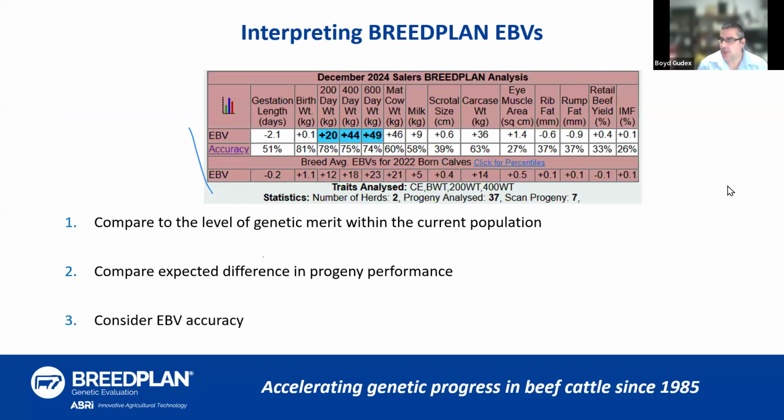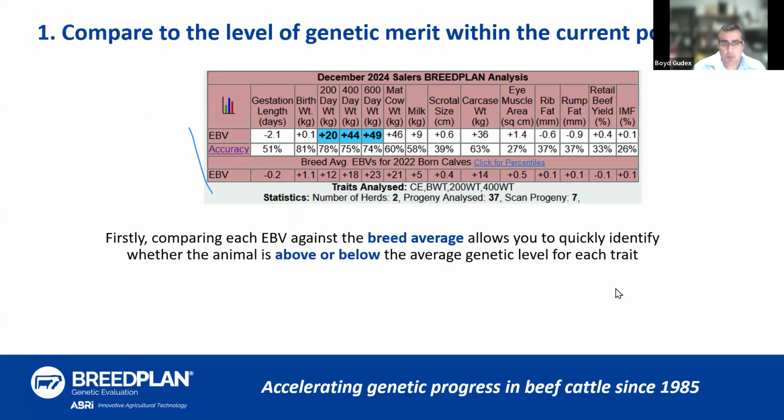So when it comes to interpreting BREEDPLAN EBVs, you can compare the level of genetic merit within the current population. You can compare the expected difference in progeny performance, and then consider EBV accuracy. When comparing each EBV against the breed average, it quickly tells you whether an animal is above or below the average genetic level for each trait.